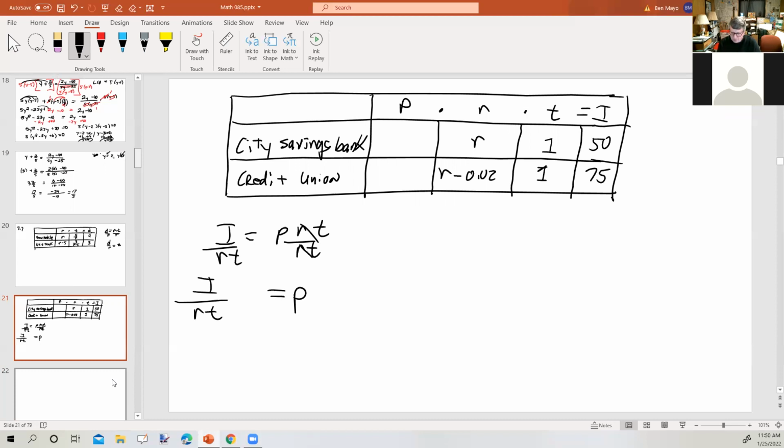Okay. So the P for City Savings Bank would be I, 50, divided by RT. So 1 times R, or just R. And for the credit union, it would be 75 over R minus 0.02 times 1, which is R minus 0.02.